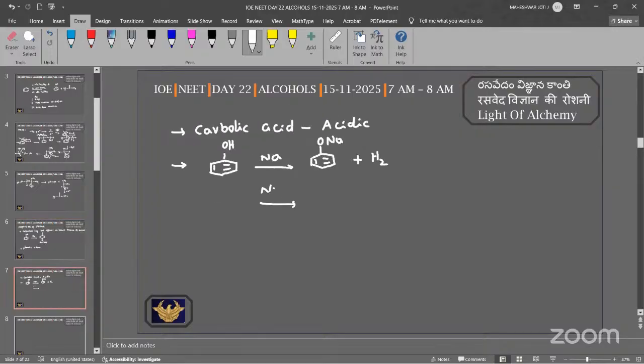When it reacts with sodium hydroxide, it gives sodium phenoxide. The byproduct is water, because OH minus and H plus come out as water. Right?